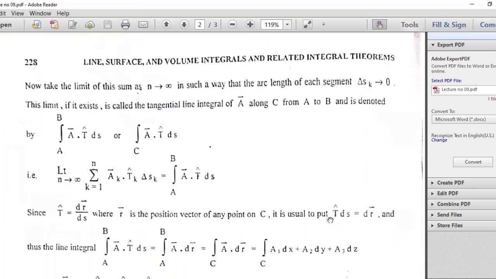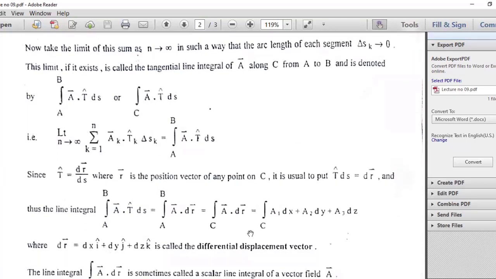Cross multiplying, T ds is equal to dr, and thus the line integral from A to B of A dot T ds becomes, instead of T ds, we can write dr.